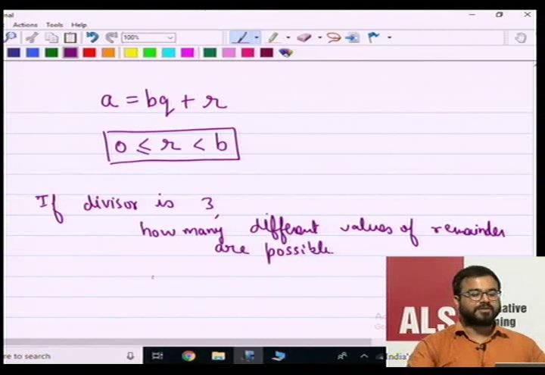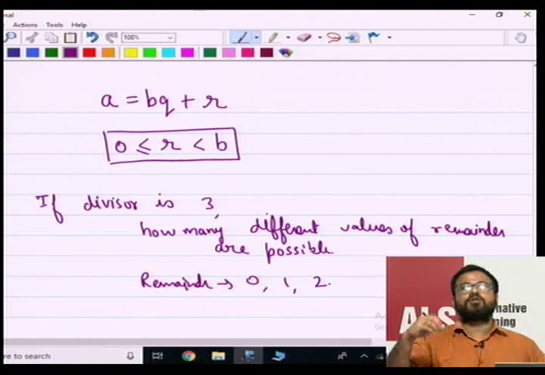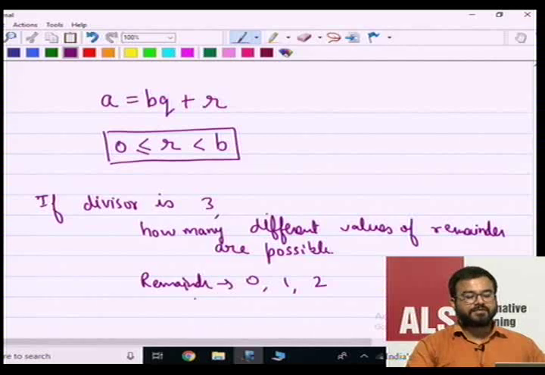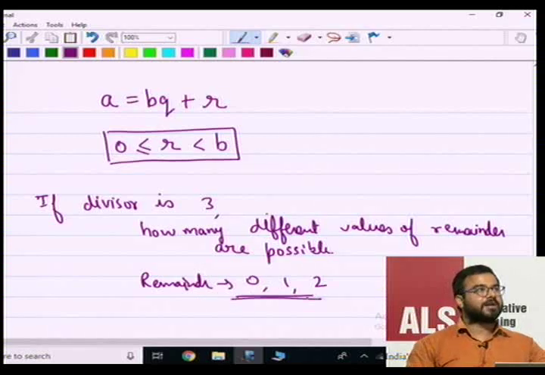Very good. So remainder can be either 0, it can be 1, it can be 2, but it will never be equal to 3. So 3 different values of remainder are possible.